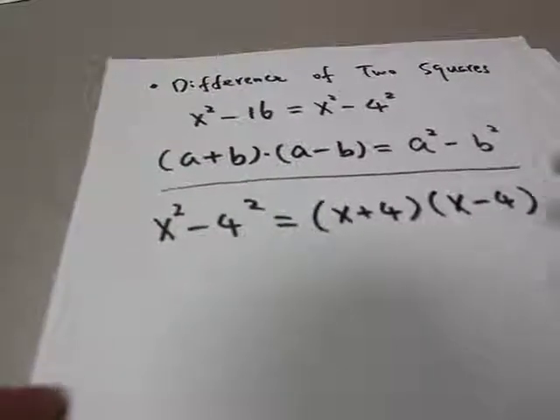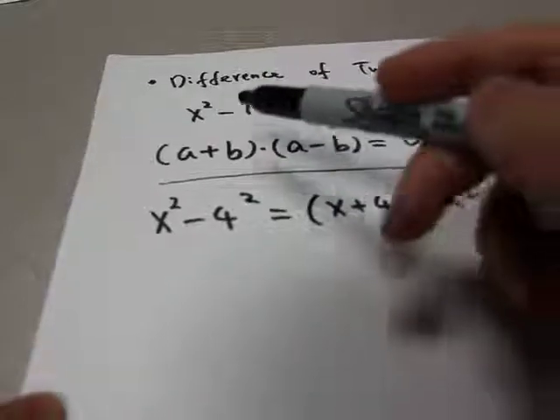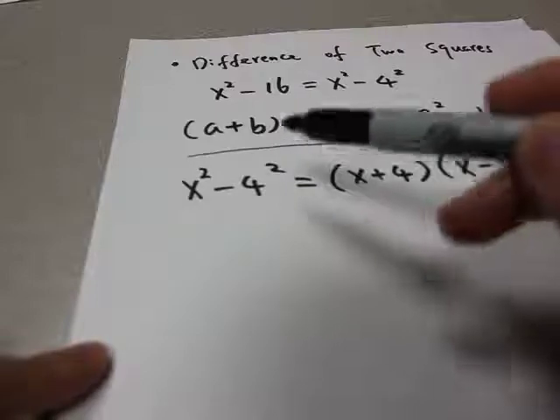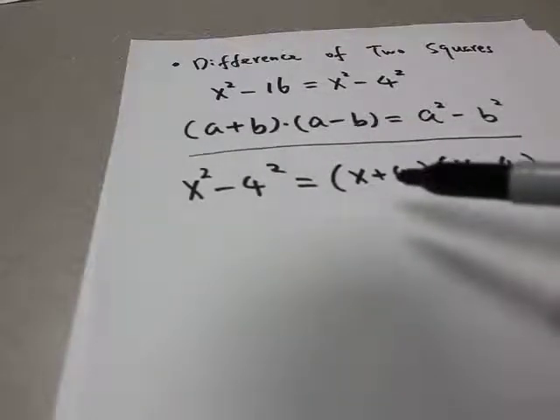So this technique is called a difference of two squares. So if we have a difference of two square terms, then we can use this formula to factor this binomial.